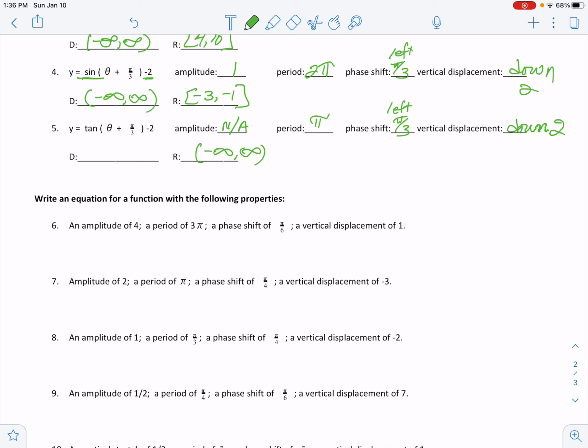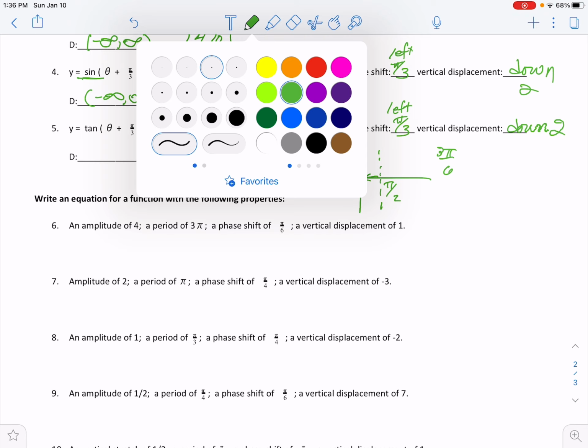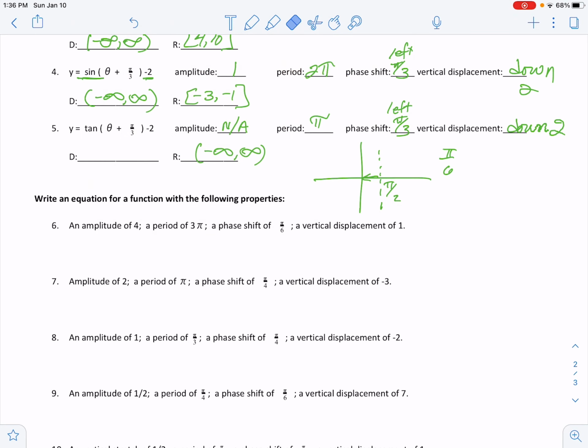What happened is your asymptotes were here at pi over 2, and you're shifting it that way, pi over 6, to pi over 3. So that's 3 pi over 6, and you started at, no, this is 2 pi over 6. We started at 3 pi over 6.